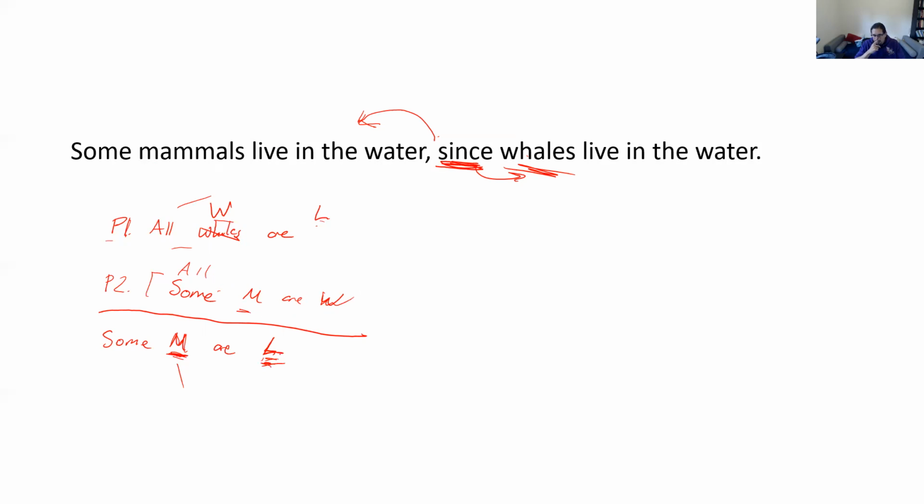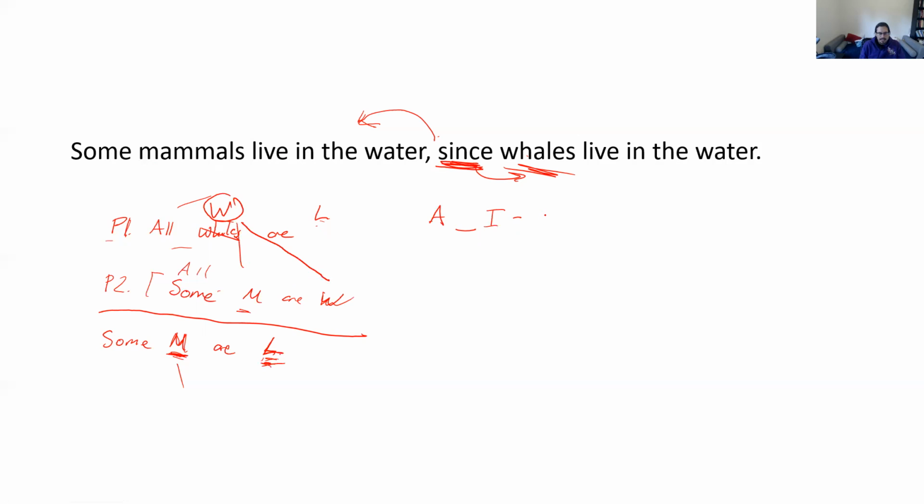In this case, whether you had M then W, or W then M, wouldn't matter either, because it wouldn't affect the distribution or the negative statements of this argument. So in all, we could have had the following. We started with an A blank I with a figure, given that the middle term is here, and that would be either figure 1 or figure 3.